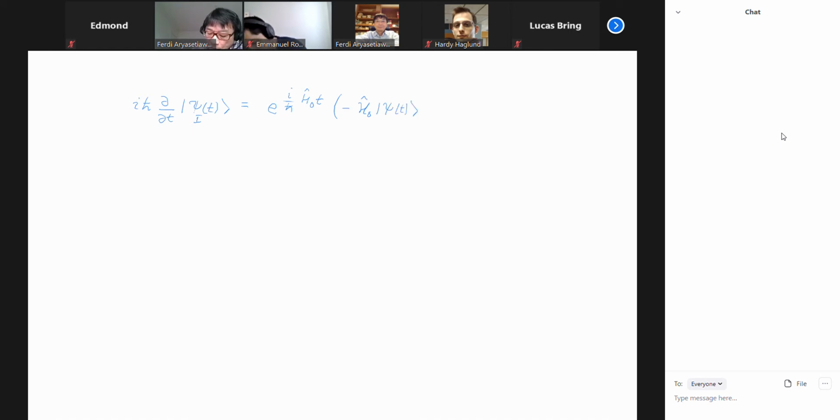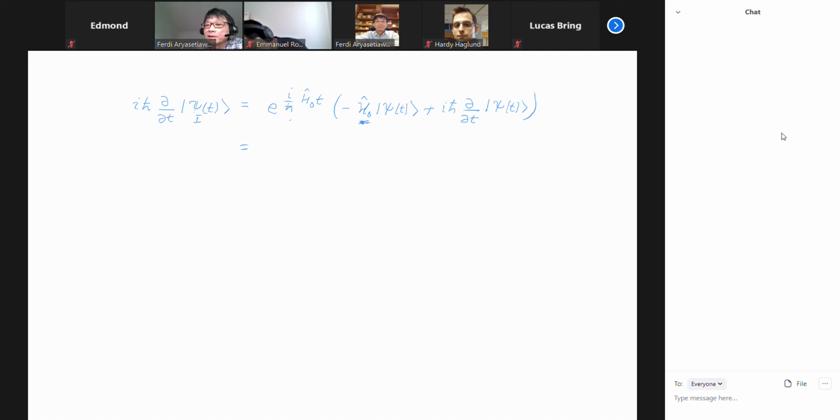So we have two terms, one from the exponential and one from the state itself. The position of this operator can be here after the exponential or before.